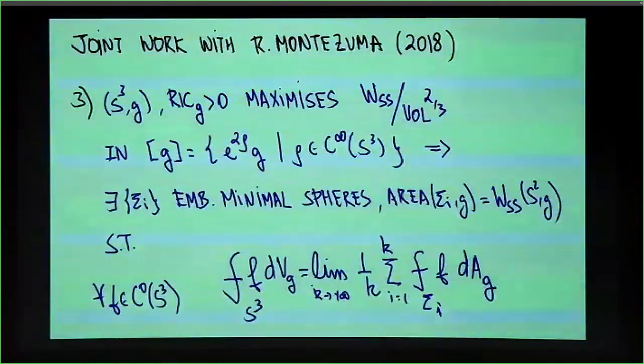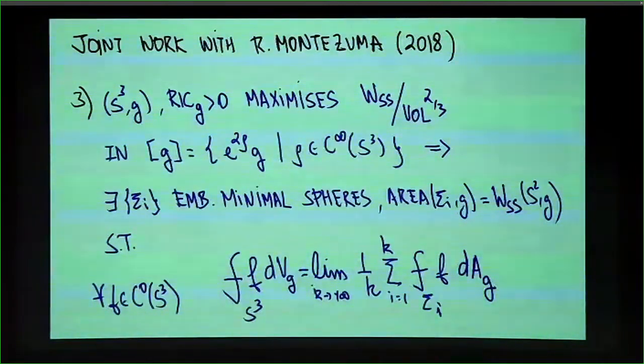So let's assume not. Let's assume there is an open set U, and that none of those sigma i's go through that open set. Okay, so in this open set, I can find a bump function, a cutoff function, positive inside U and 0 elsewhere, which will give me a positive number in this left-hand side here, right?